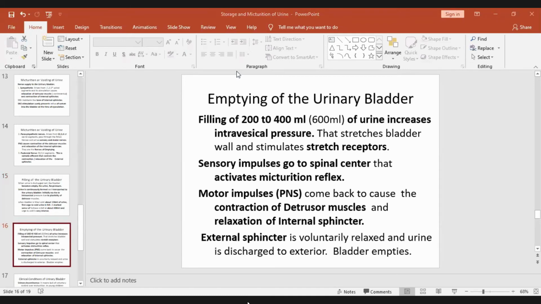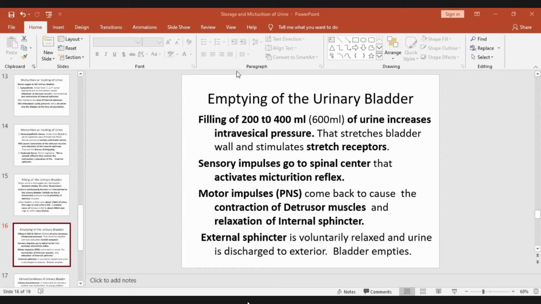When the pressure is increased, what happens to the bladder muscles? There are stress receptors. These stress receptors are stressed whenever there is an increase in the pressure of the bladder. They are sensitive receptors.